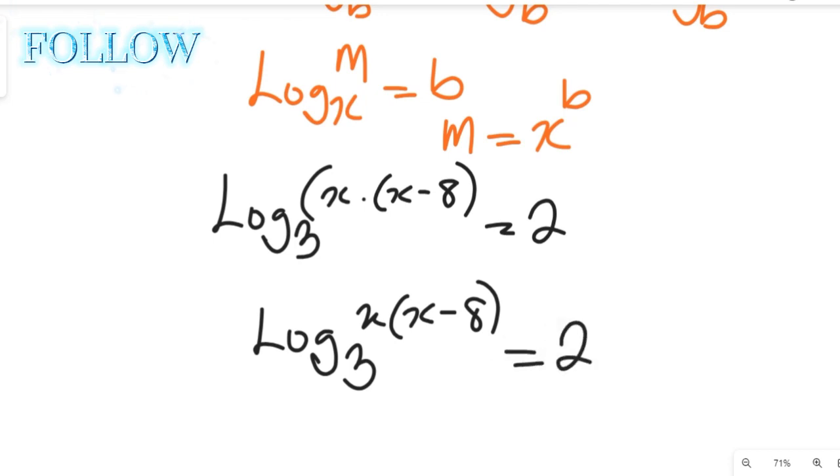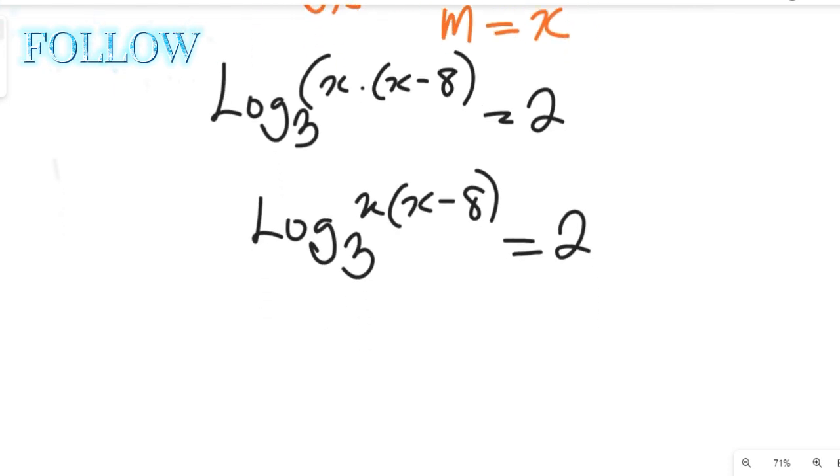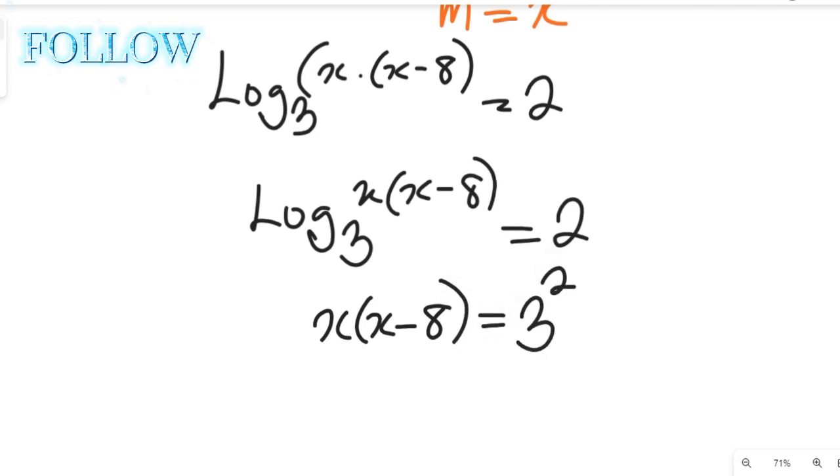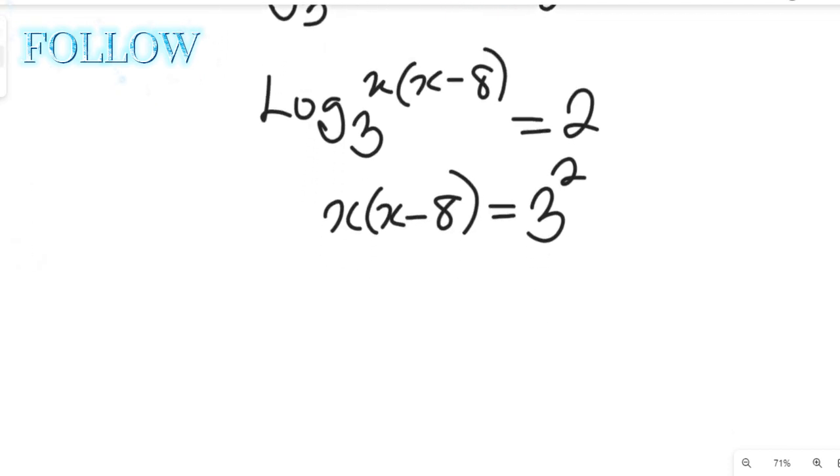So if we apply the reverse law of logarithm, we're going to have x multiplied by x minus 8 to be equal to 3 to the power of 2.